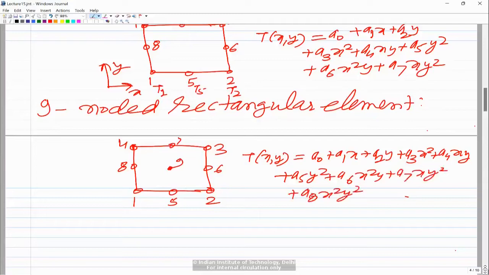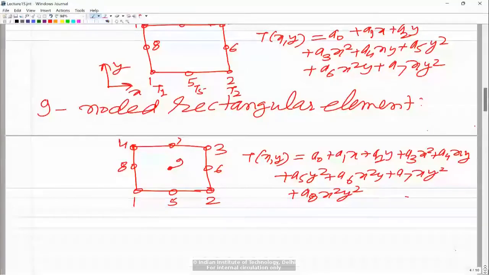So these will be the 9 terms, and each node will have temperature as a degree of freedom. All these constants a0 to a8 can be expressed in terms of T1, T2, T3, T4, T5, T6, T7, T8, and T9, because we would know the x and y coordinates of all the nodes of the element. So we would be able to express this.